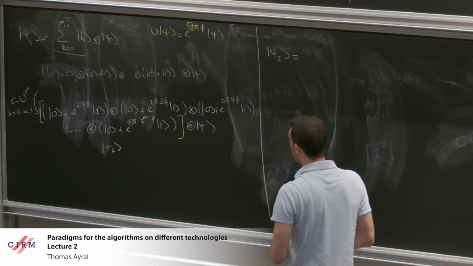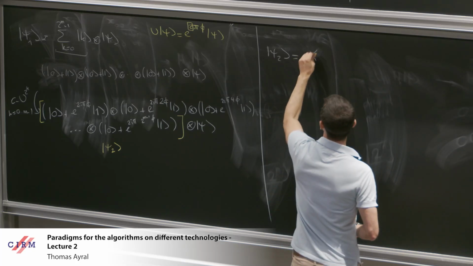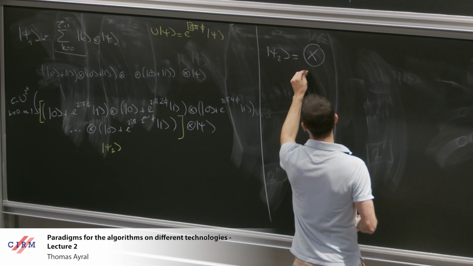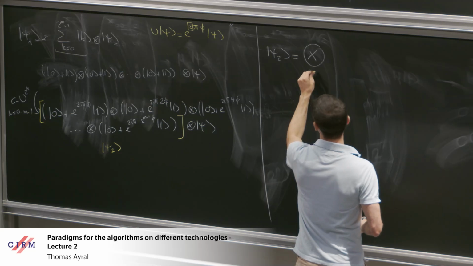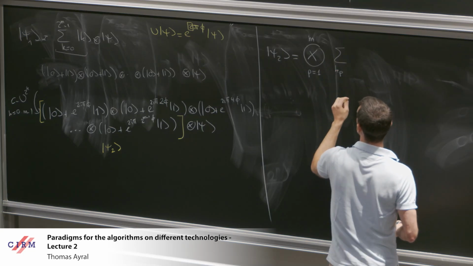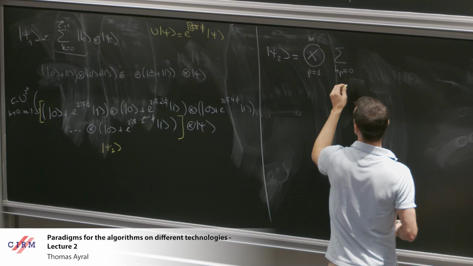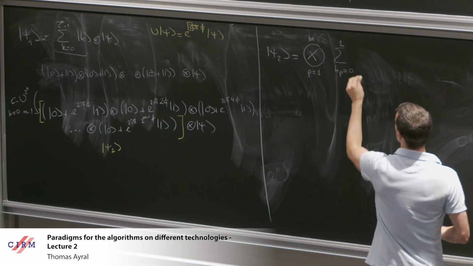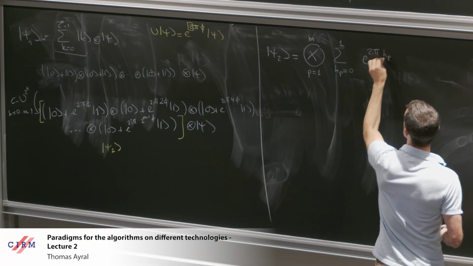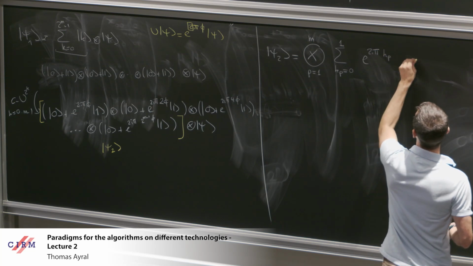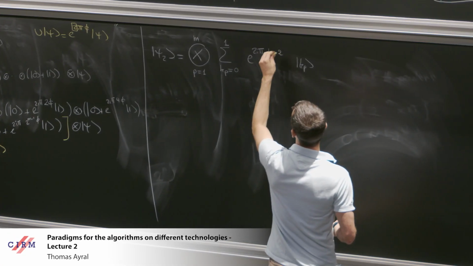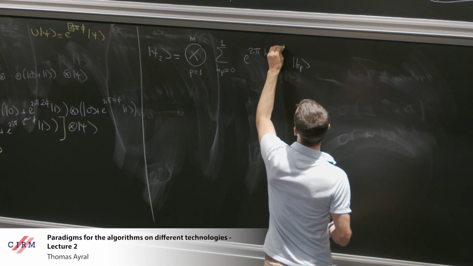So this state is essentially a big tensor product over, let me call it p, from 1 to m, of the sum over kp from 0 to 1 of exponential of 2I pi kp phi times 2 to the p minus 1, if I'm not mistaken, |kp>.